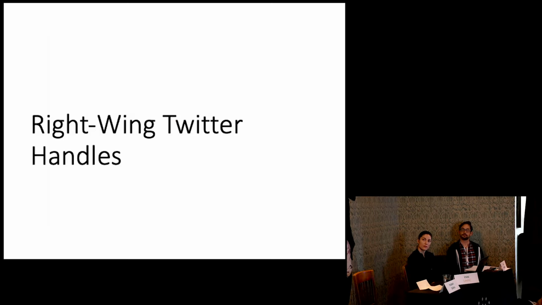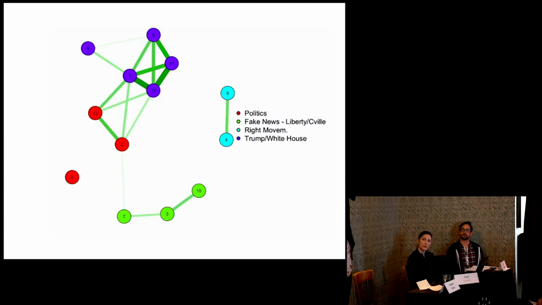For the right-wing trolls, we identified clusters related to politics, particularly a cluster related to information about Trump in the White House, about the right-wing movement here in the US, or about right-wing politics, and also clusters related to fake news and about speech liberty in the Charlottesville thing that happened in 2017 that you all know.